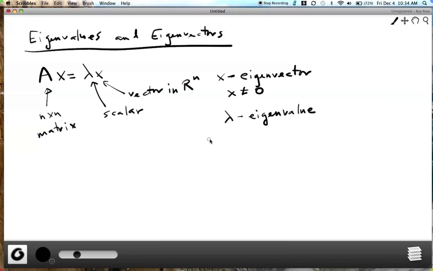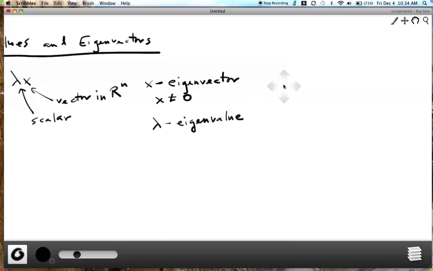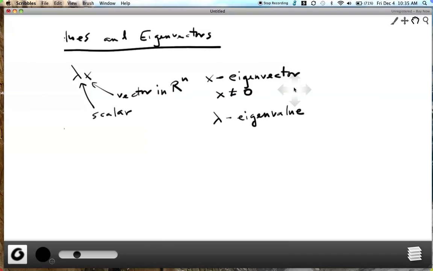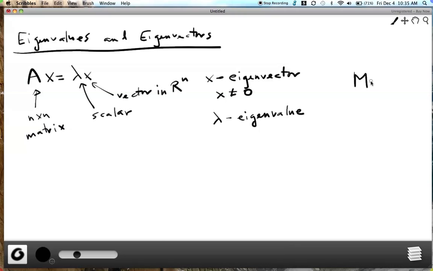We have seen one example of this prior to this point. Let's scoot over here just for a minute. In the last section on Markov chains, we had the transition matrix M, and to get from one state, let's say xk, to the next state, we multiplied M times xk, and that gave us the state at time k plus 1.